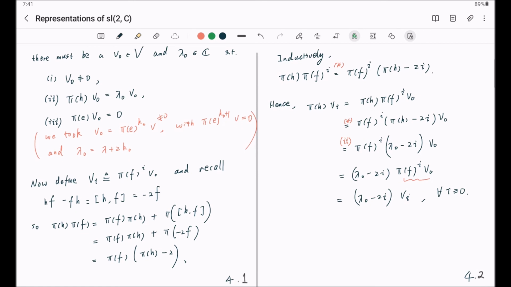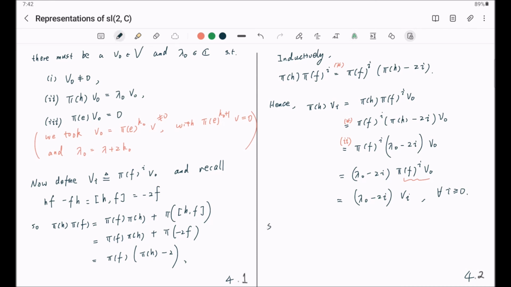Now, we're going to use the same argument again. Observe that v sub i will be either 0 or an eigenvector of pi of H with eigenvalue lambda naught minus 2i.